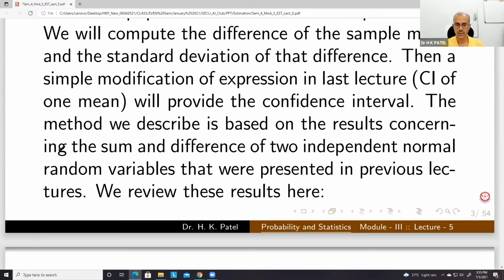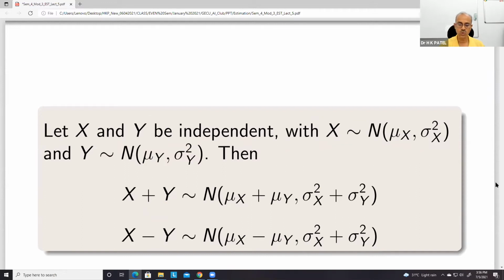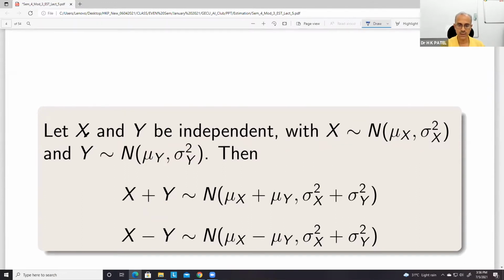Before that, we have two random variables x and y that are independent. x is a normal random variable having mean mu x and standard deviation sigma x, and y is again a normal random variable having mean mu y and standard deviation sigma y.